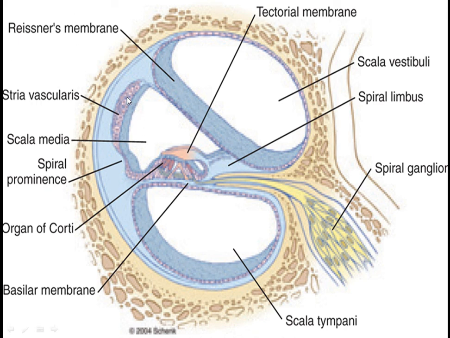Close to that, we have the stria vascularis. This is the part highly congested with blood vessels, secreting all the time a very specific fluid, because of which the fluid present in the scala media has a different composition as compared to the fluid present in the scala vestibuli and the scala tympani.